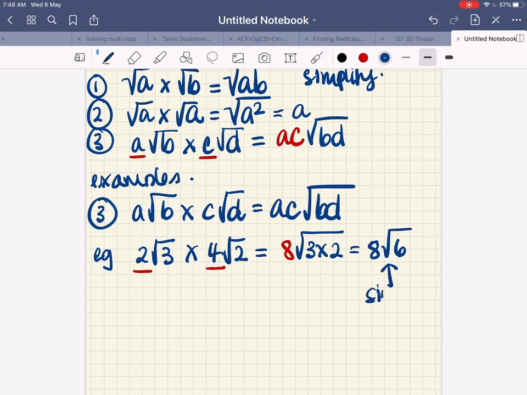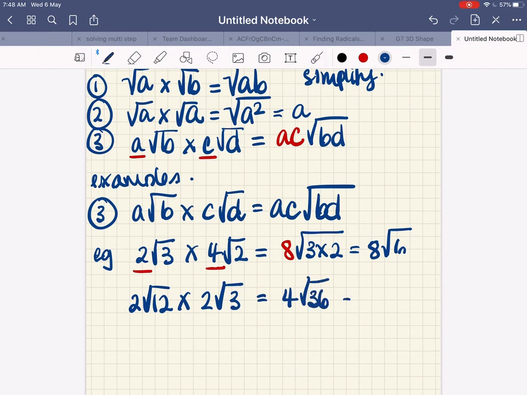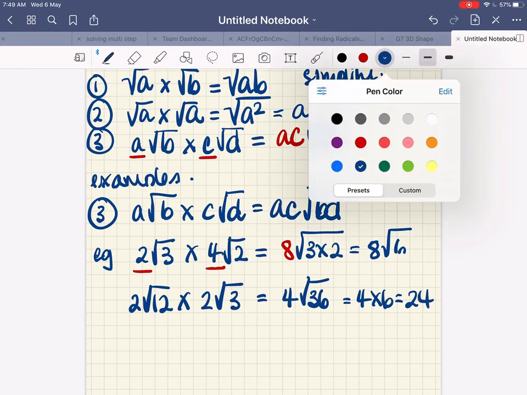Can I simplify this? But if we had 2 root 12 times 2 root 3, I would have 4 root 36, 4 times 6.